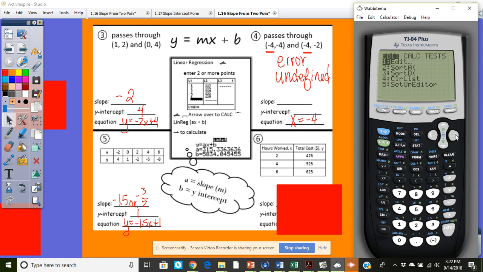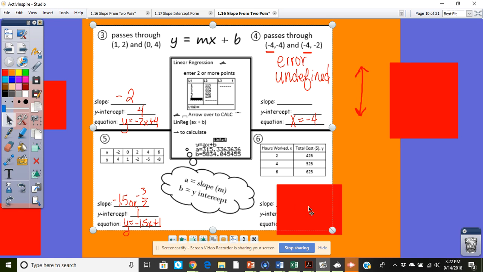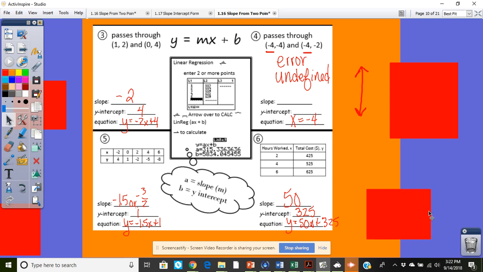So Stat, over to Calculate, number 4, and then scroll down to Calculate. And we get a slope of 50 and a y-intercept of 325. And so my equation is y equals 50x plus 325. And that's it for these notes.